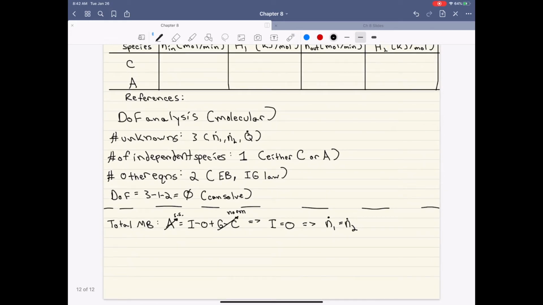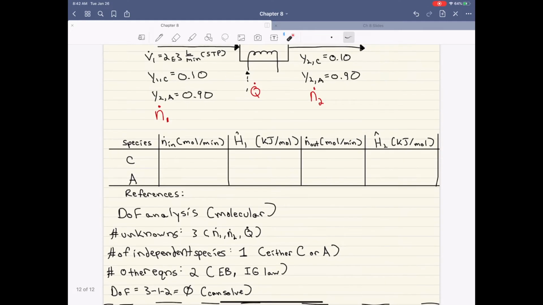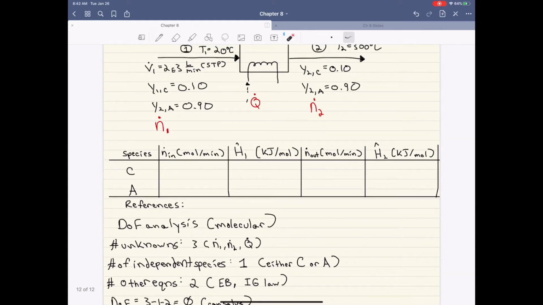All right, so we have that the molar flow rates are equal to each other, but what is the molar flow rate? We could get the molar flow rate because we know the volumetric flow rate, which is at STP conditions.